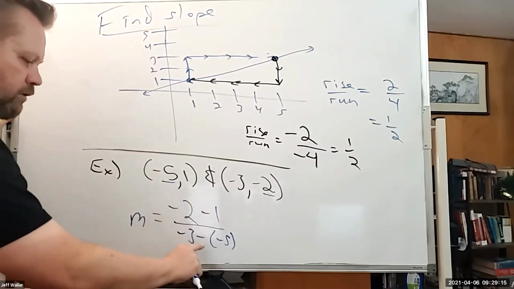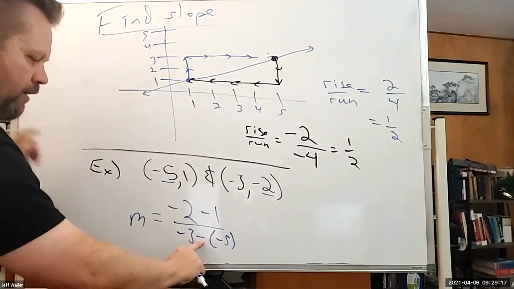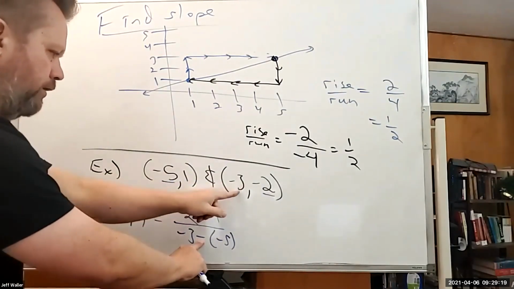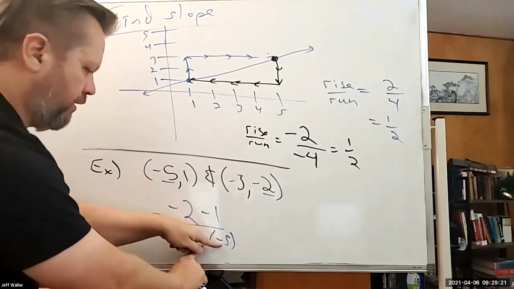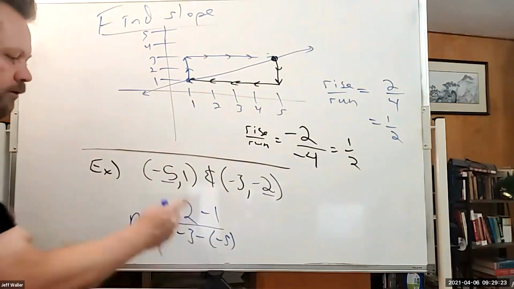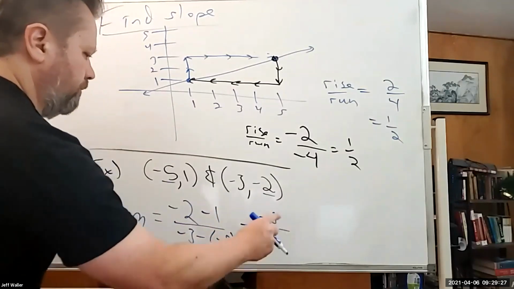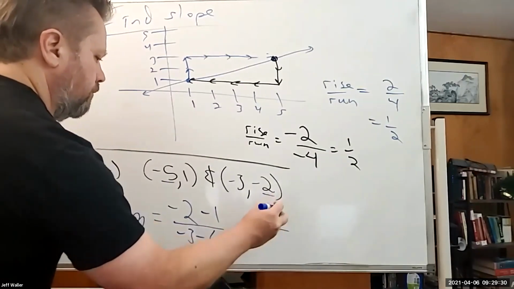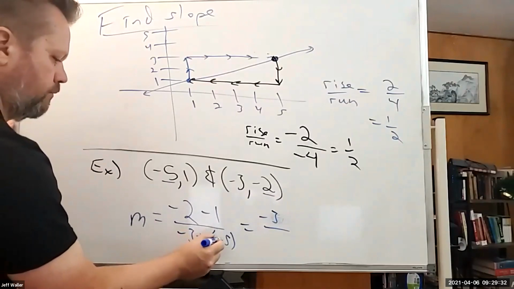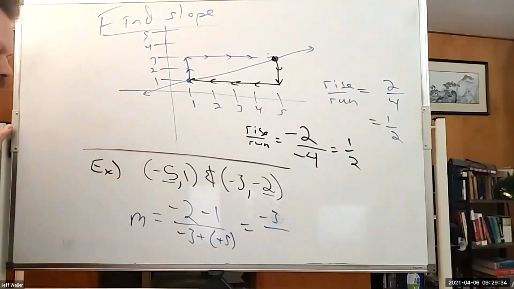So nothing changes. You still subtract, and you put one number here, and you put the other number there, with a subtraction in the middle. So this would be -3 over a +2 under.